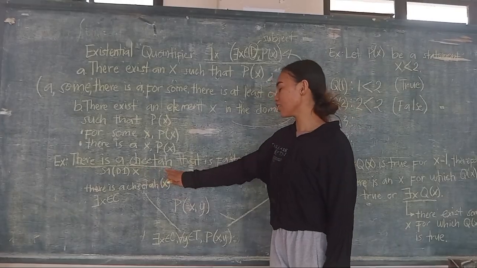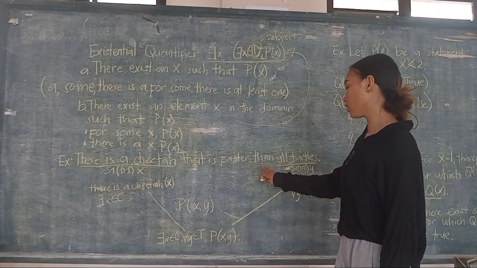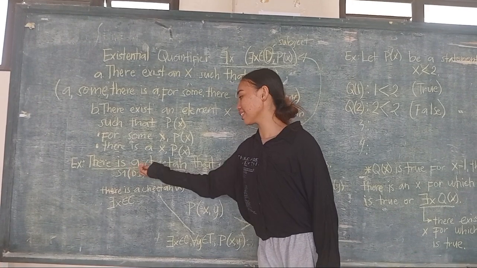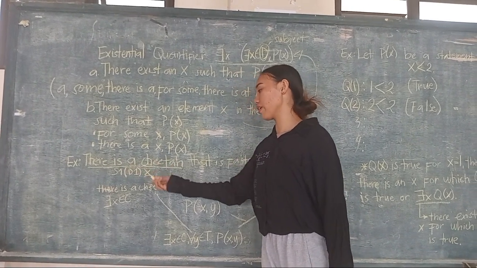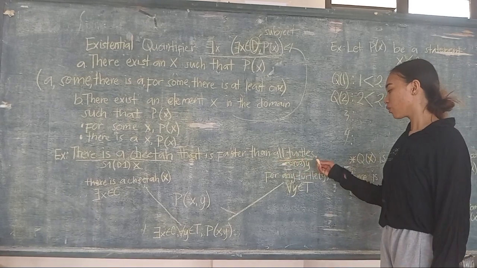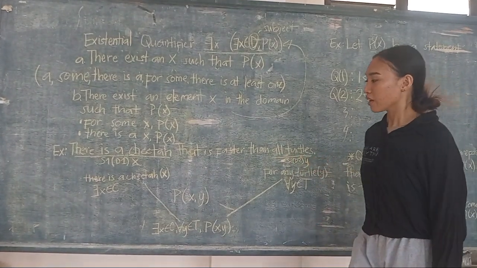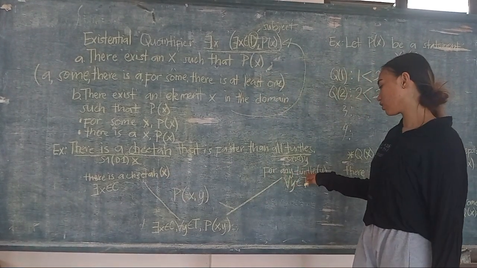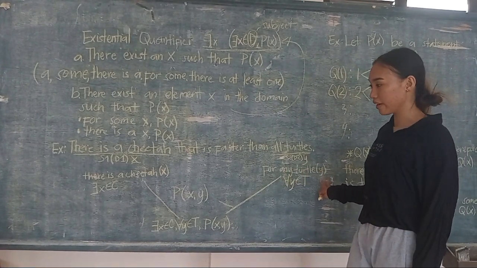Example: there is a cheetah that is faster than all turtles. Our subject 1 or domain 1, there is a cheetah, is represented as our x. And our subject 2 or domain 2 is all turtles, represented as y. There is a cheetah, which is our x, and for any turtles, which is our y.